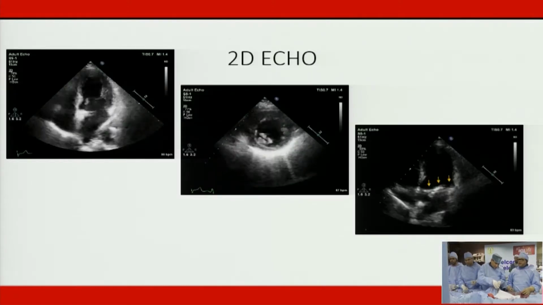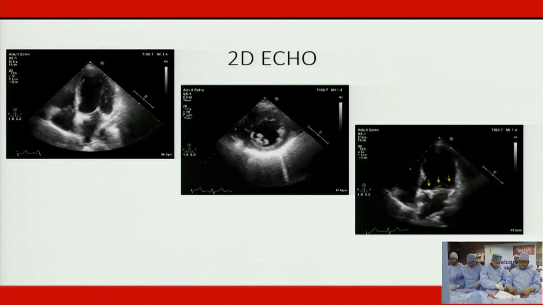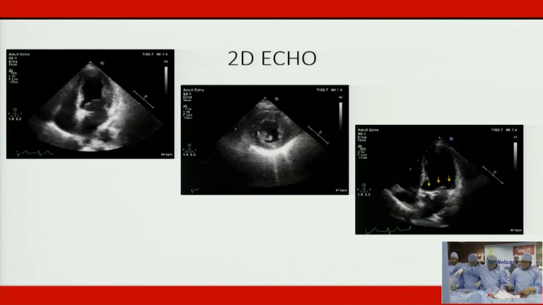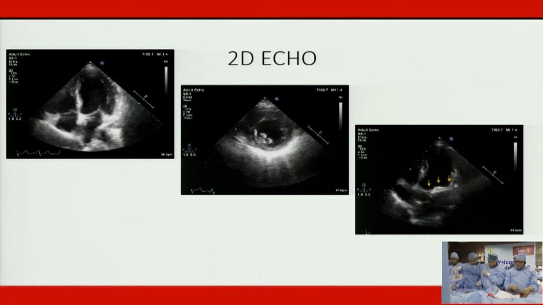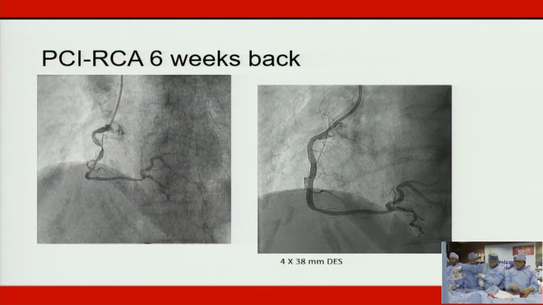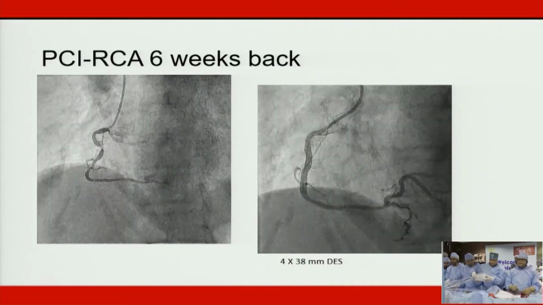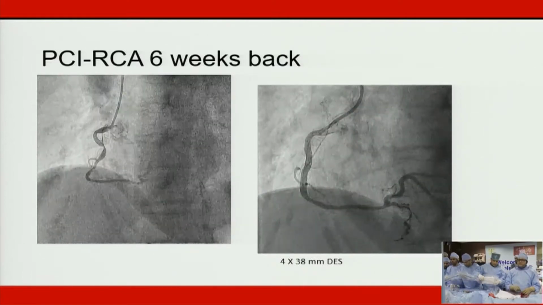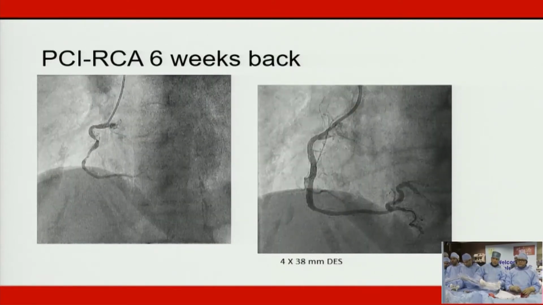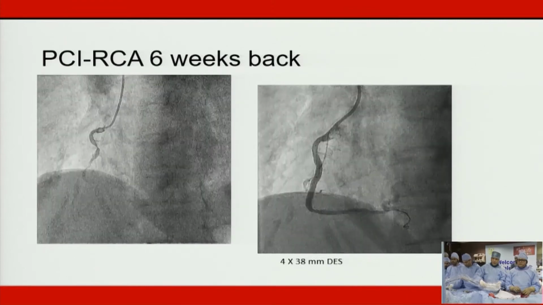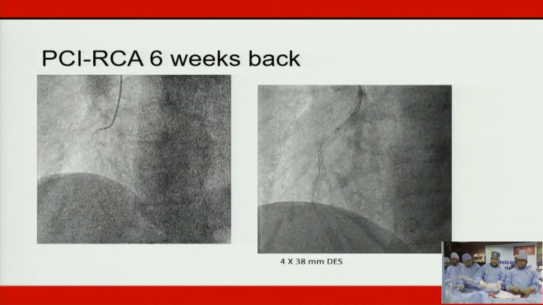2D echo showed normal LV function, and the yellow pointers are towards the anomalous coronary artery. 6 weeks back, she underwent coronary angiogram of the right coronary system, which showed proximal to mid diffuse disease, and she underwent PTCA to RCA with a 4 into 38 mm drug-eluting stent.